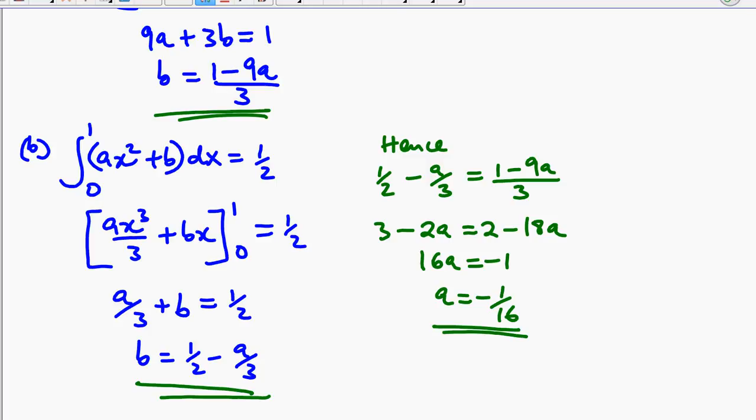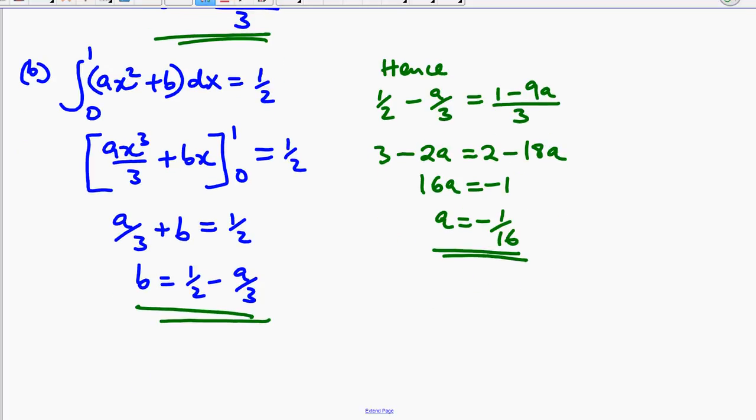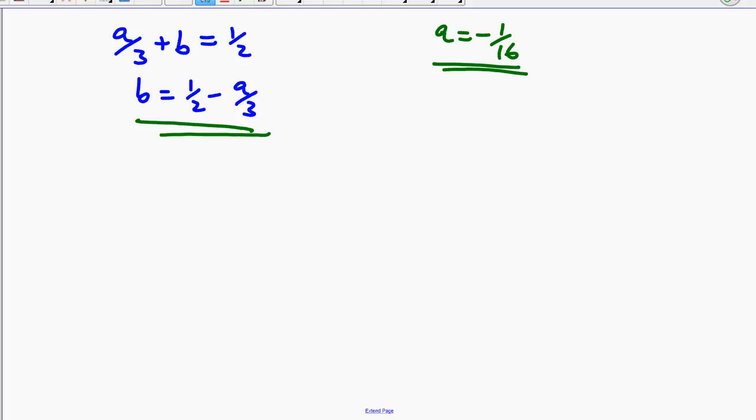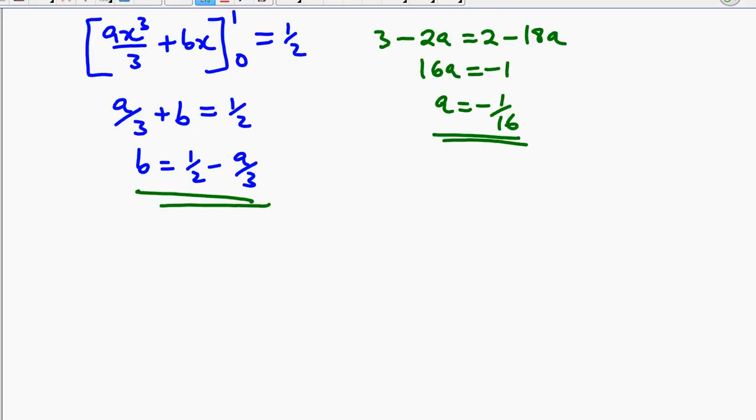And if a is equal to negative 1 over 16, b will be equal to, using this equation, a half minus a third into bracket negative 1 over 16.